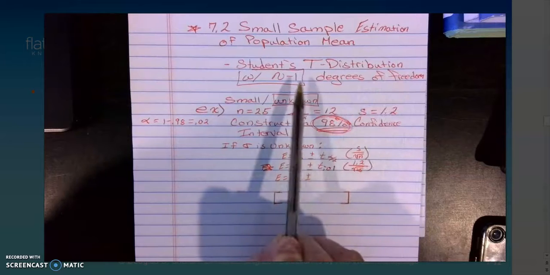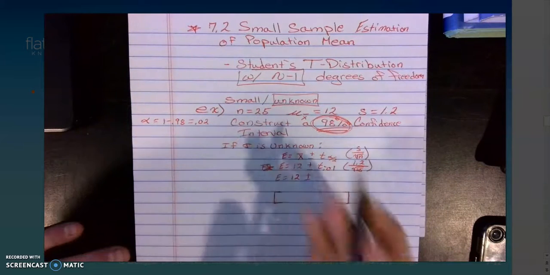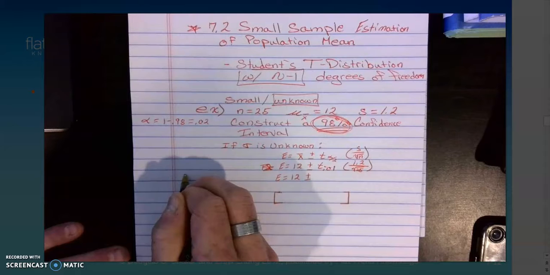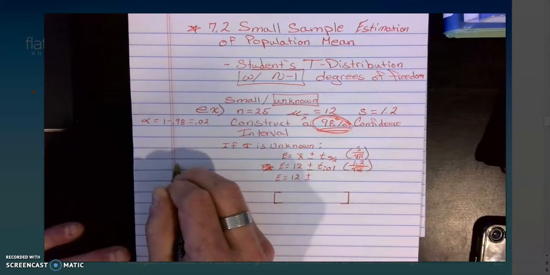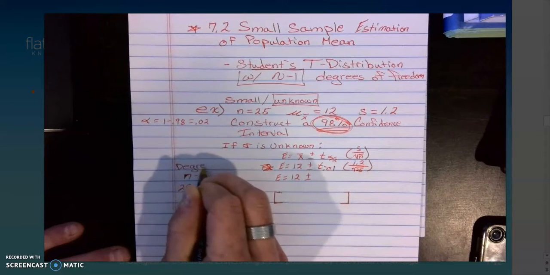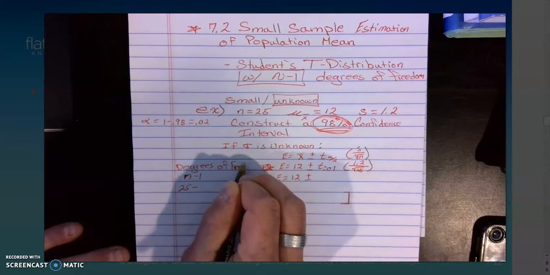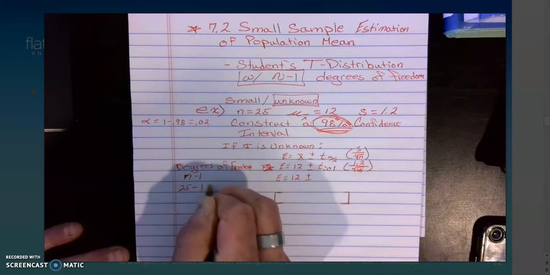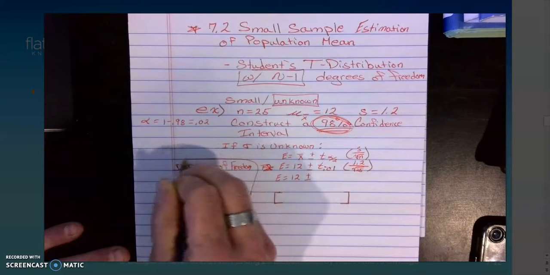Essentially, the degrees of freedom are simply n minus 1. Since our value of n is 25, then 25 minus 1, the degrees of freedom, is going to be 24. So we have 24 degrees of freedom here.